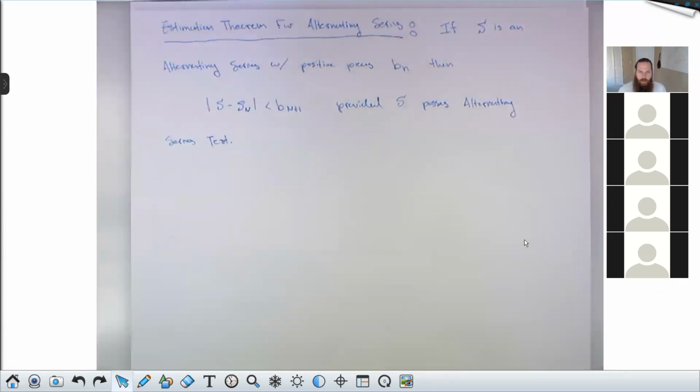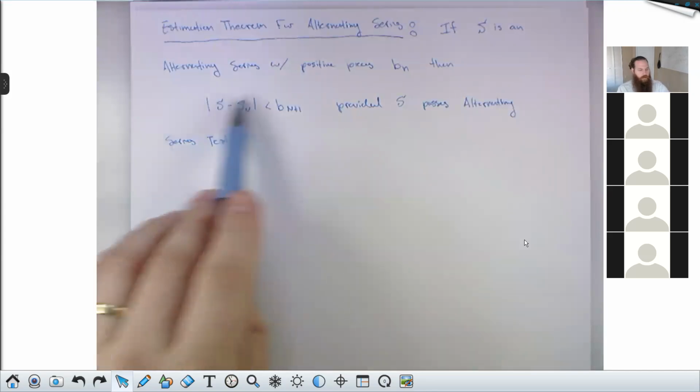So if I hand you an alternating series that passes the alternating series test, then this inequality is true.